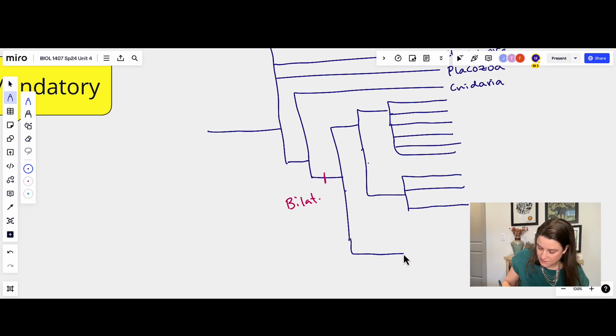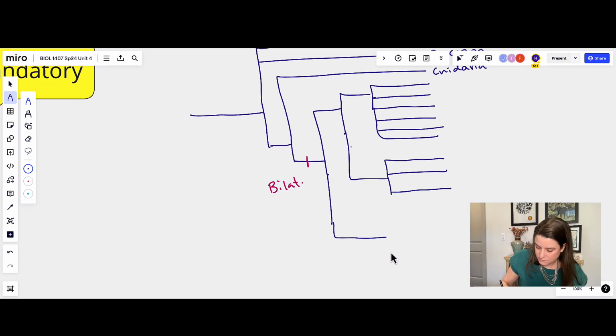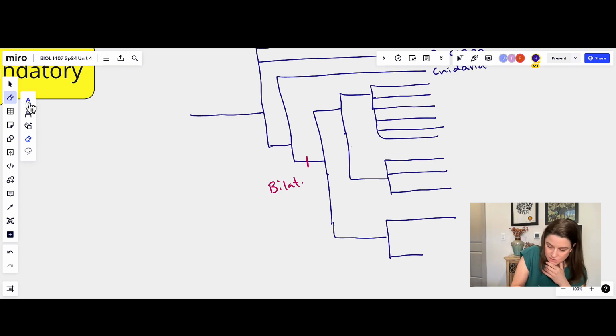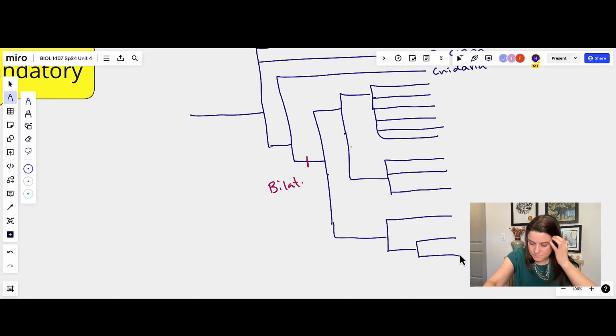And then this group down here, we're going to look at just Hydrostonia. We are going to branch it there. Like this.